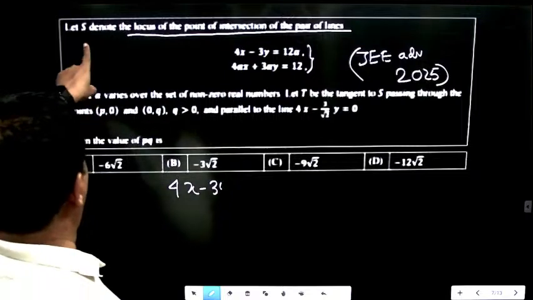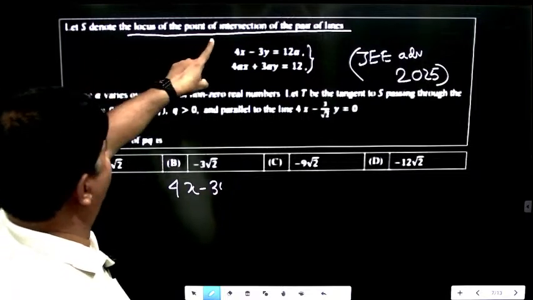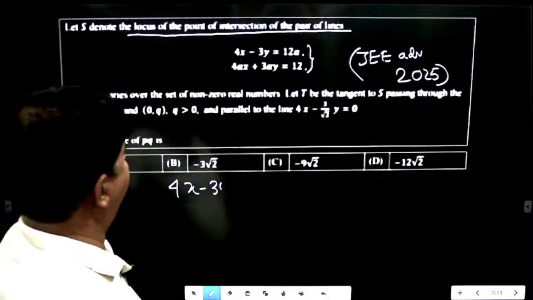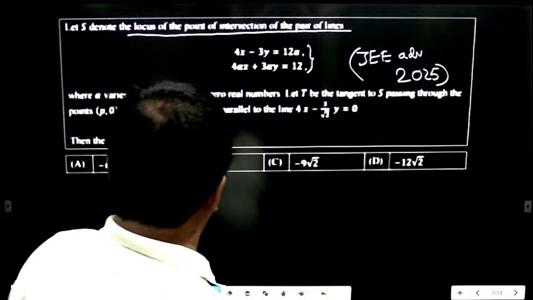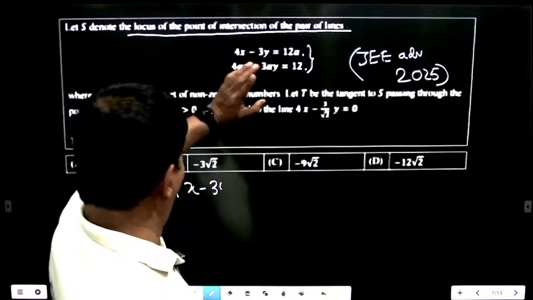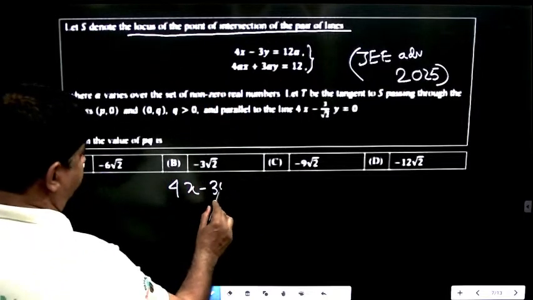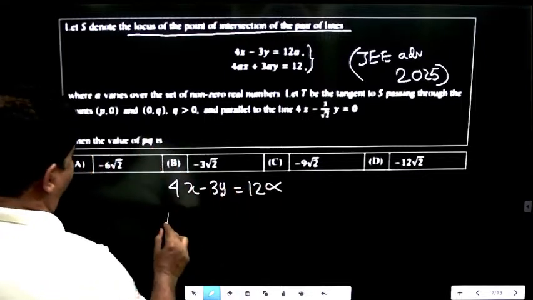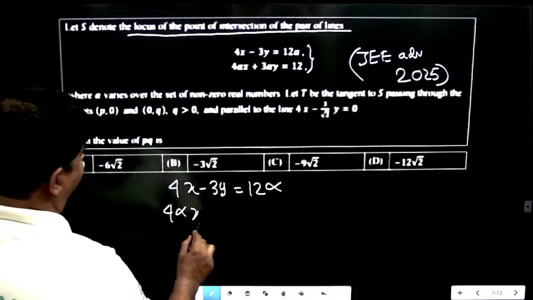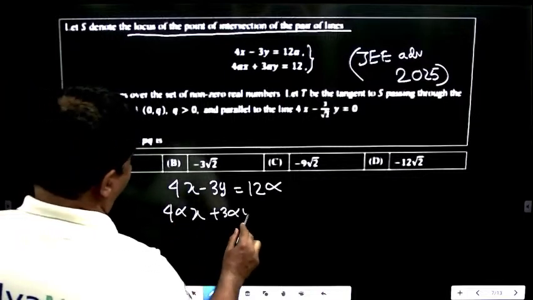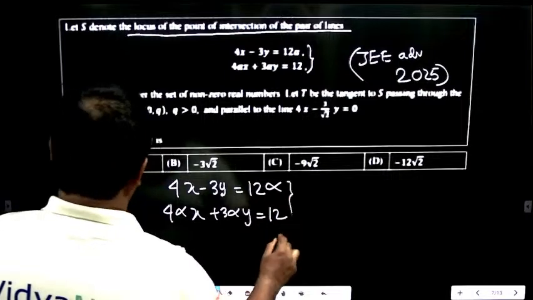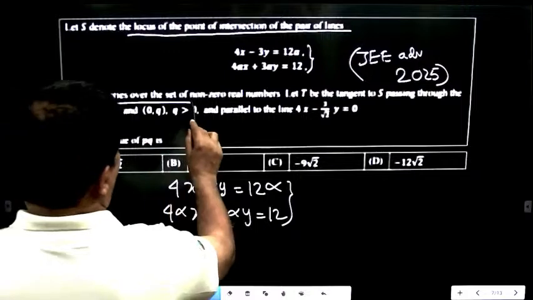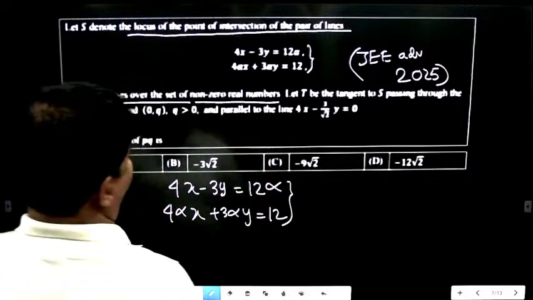See here, the locus of the point of intersection of the pair of lines is given: 4x minus 3y, 4 alpha x, and 4 alpha x plus 3 alpha y is equal to 12, where alpha varies over the set of non-zero real numbers.